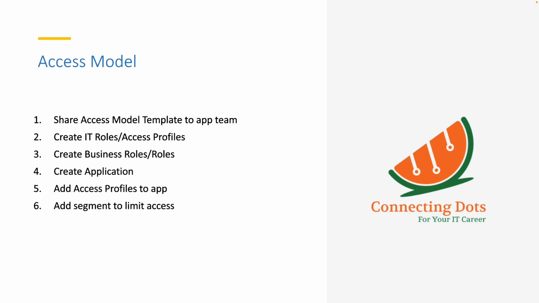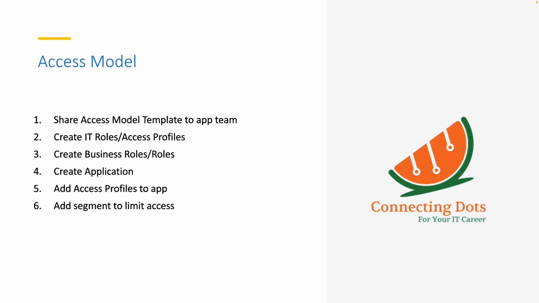It's recommended to have an access model template for your IAM team or IGA team. That template we can use for every application when we onboard. So what we do, if you take Identity IQ, we create IT roles. An IT role is nothing but a collection of entitlements.